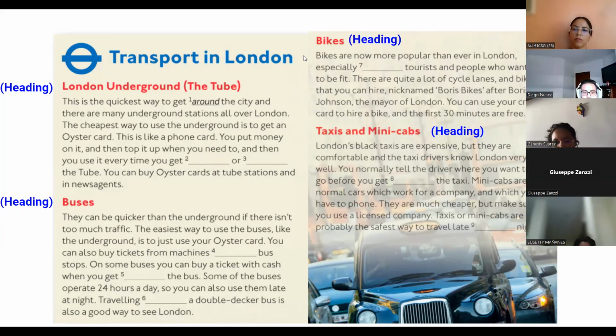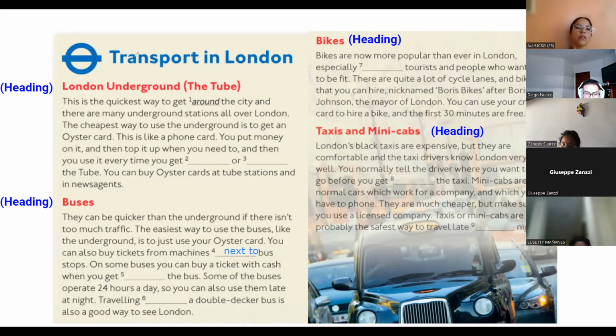I think number 4 is next to. Yes, correct. Next to the bus stop. Next to bus stops. And 5? I will put it in the chat because I cannot put text because I'm on the mobile. I'm on the phone. You're on the phone. Okay, okay.